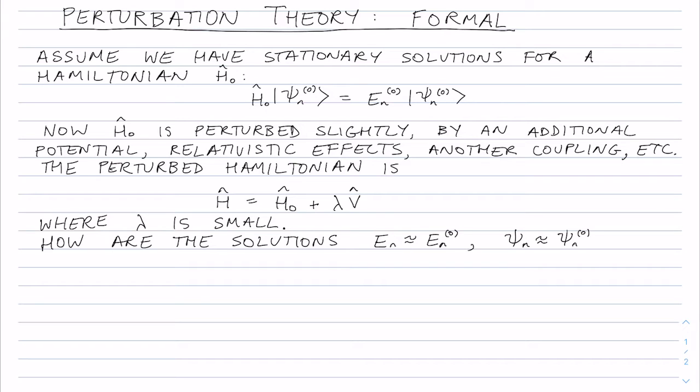How are these solutions changed by the perturbation? So what we're going to end up doing is an order by order expansion in the small parameter lambda.